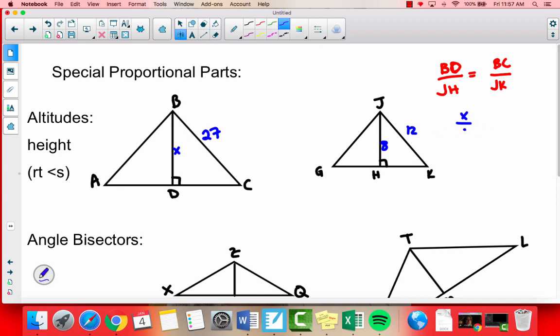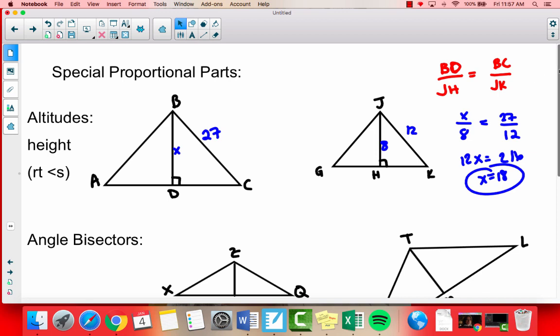Now, you could set this up a little bit differently and get the same answer, and that's going to be the same concept. This is just one of the options. If I cross multiply, we get 12x equals 216, and then divide by 12, you get that x is equal to 18. So that would be the height of this particular altitude. All right, so there's the altitude.